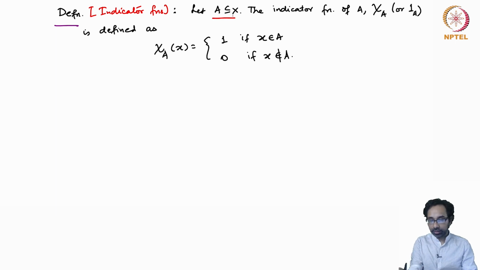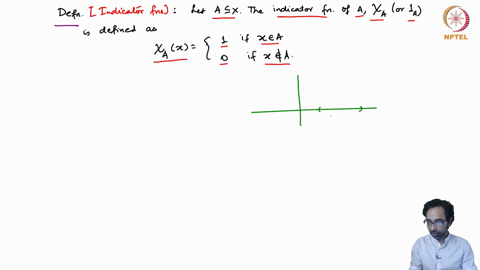So if you have a subset A of a topological space X, the indicator function of A, which is either denoted chi_A or 1_A, is defined simply as chi_A(x) is 1 if x belongs to A and 0 if x does not belong to A. So if you just see here, if you have some set, say this is A, then the indicator function is 1 for x in A, and 0 otherwise.